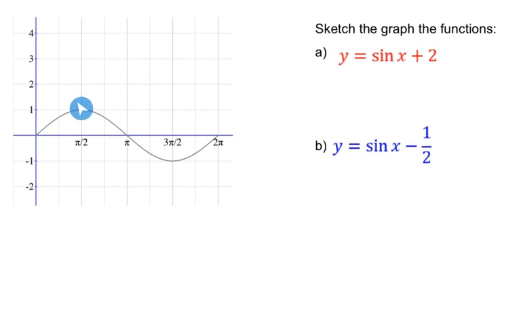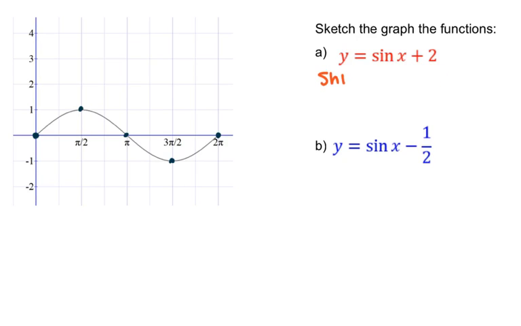Here I have our standard sine graph. Starts at 0, ends at 2 pi, and you can see I have my 5 key points. You guys should all recognize those 5 key points, and when you're working on your lab, you're going to want to make sure that you can mark each of those 5 key points as they are transformed. So if we look at example A, y equals sine of x plus 2, that means we're going to shift up 2 units.